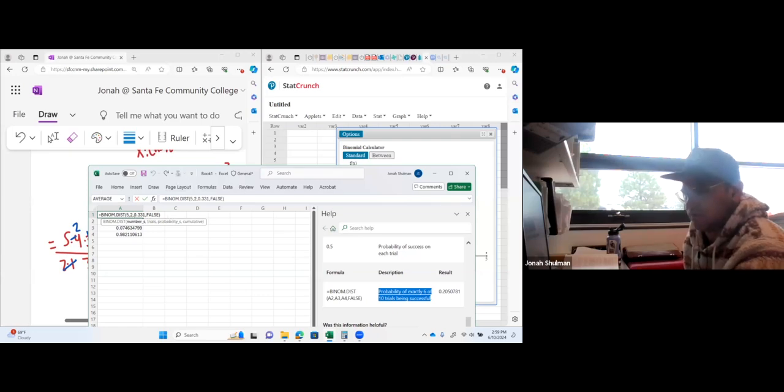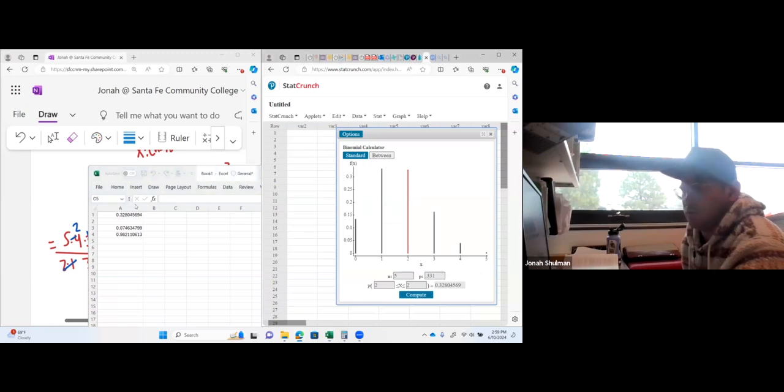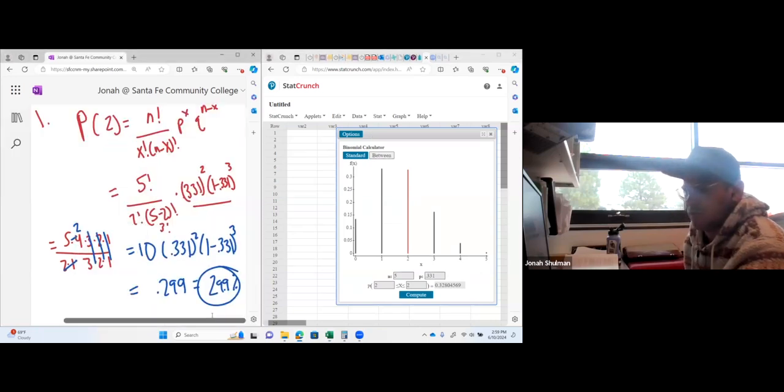Oh, I have it backwards. That's why. 2 is what we want. 5 is the total. There's 5 trials. 0.328. This one got 0.328. So I guess I messed up with my math. Isn't that exciting for me? So me doing it by hand messed it up.